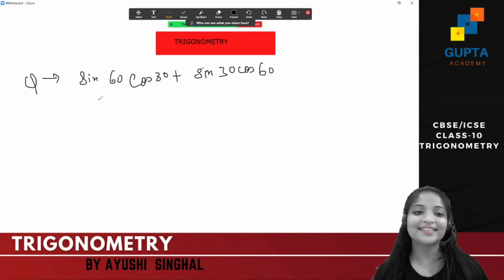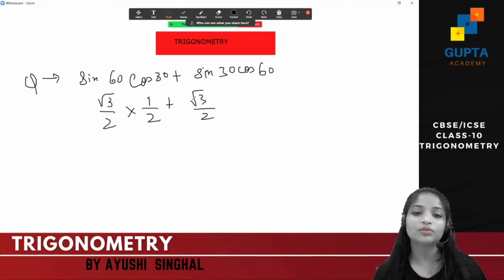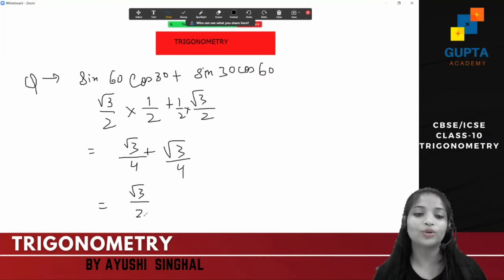Sine 60 is nothing but root 3 by 2, and this is exactly opposite. So this is 1 by 2 plus root 3 by 2, 1 by 2 into root 3 by 2. So now you have 2, you can directly solve it, root 3 by 4 plus root 3 by 4, so this will become root 3 by 2.